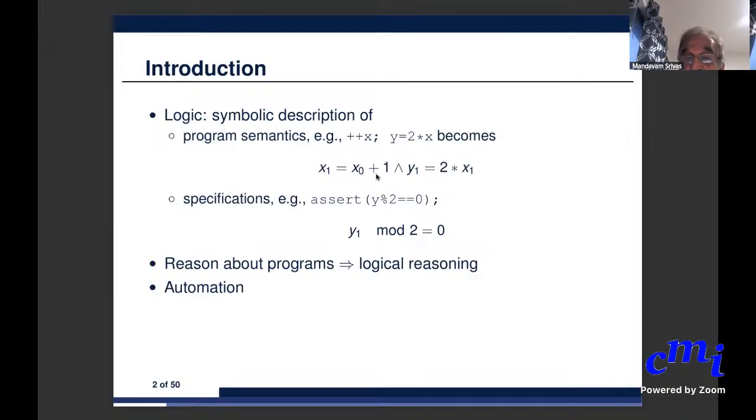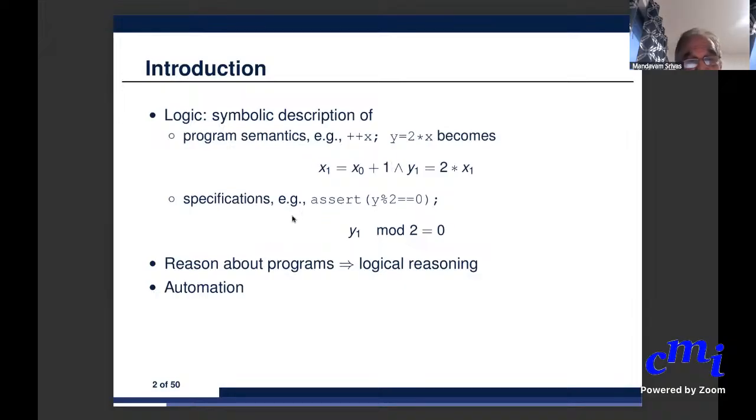Put together, as a conjunction, one can say that it gives the overall effect of the program. That is, it relates the state of the variables at the entry point to the state of the variables at the exit point. So this is what is being used here to construct the effect of the program.